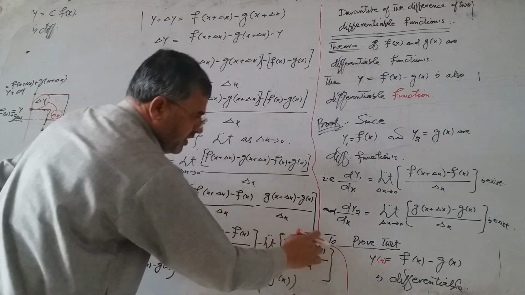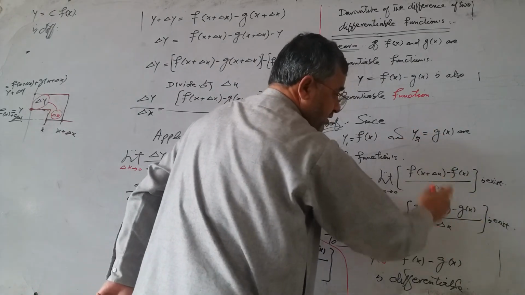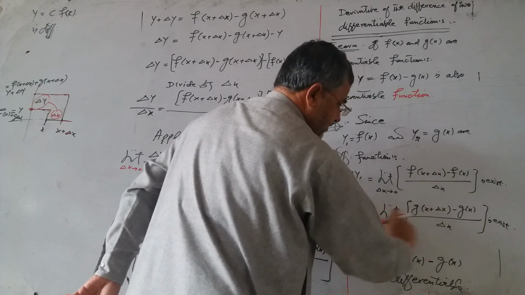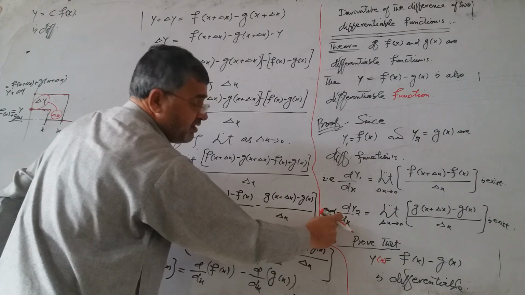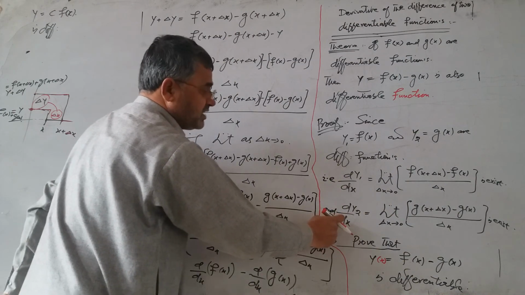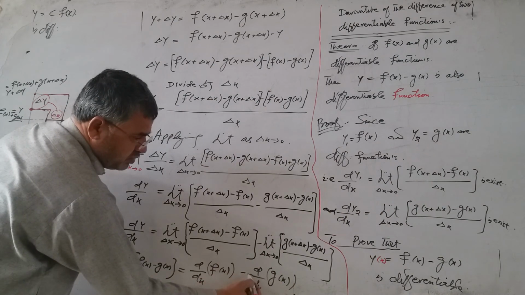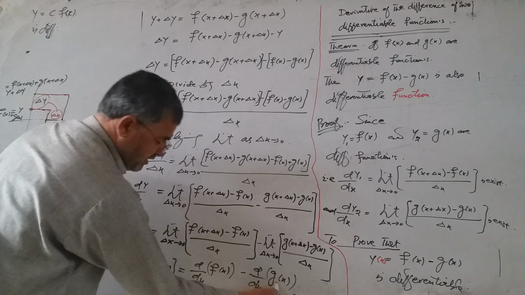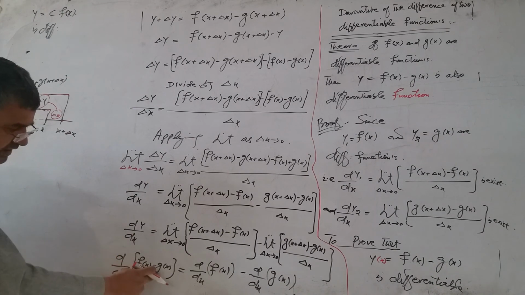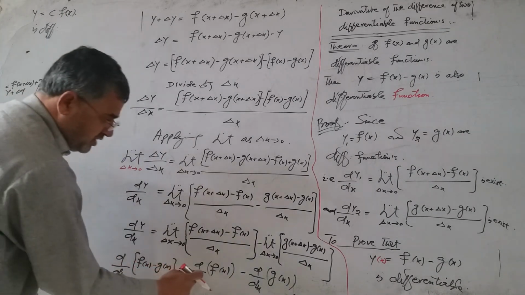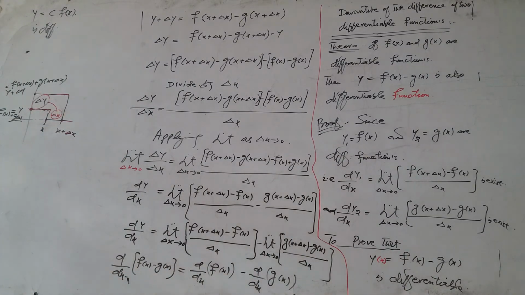Similarly, when we arrange the function g of x in this quotient form and apply the limit when del x tends to 0, the limiting value of the function exists and is called the derivative of y2 with respect to x. Y2 in this case is g of x, which is also equal to d divided by dx of g of x. That is, the derivative of the difference of two functions f of x and g of x is equal to the difference of the derivatives of each of these two functions.